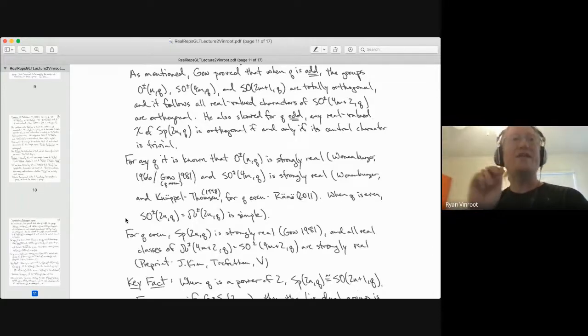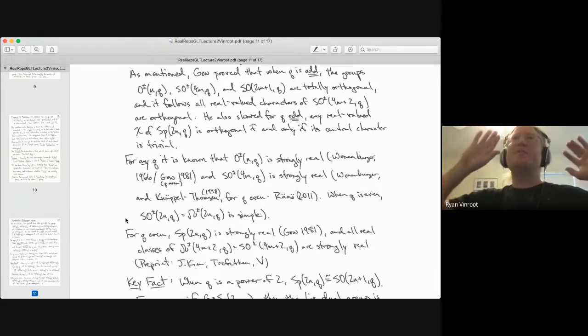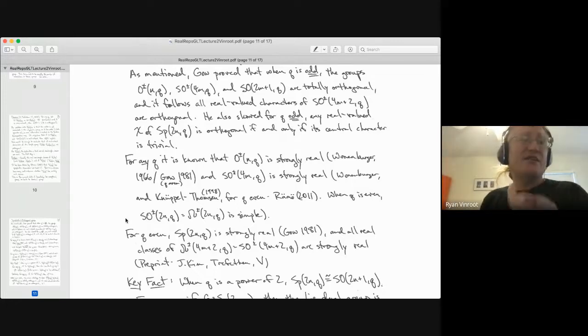So it doesn't matter what Q is, one can define the split orthogonal group over an algebraic closure to be exactly the stabilizer of the quadratic form you stated.